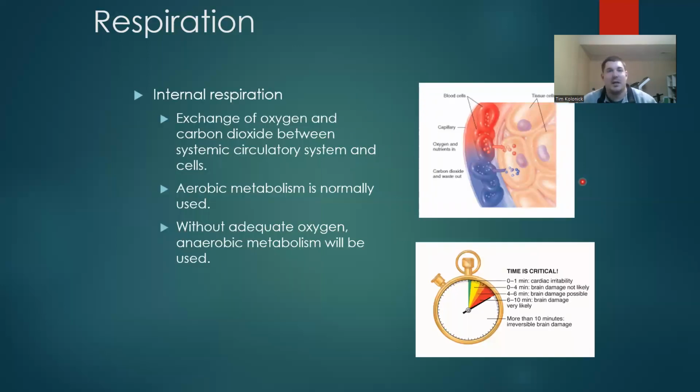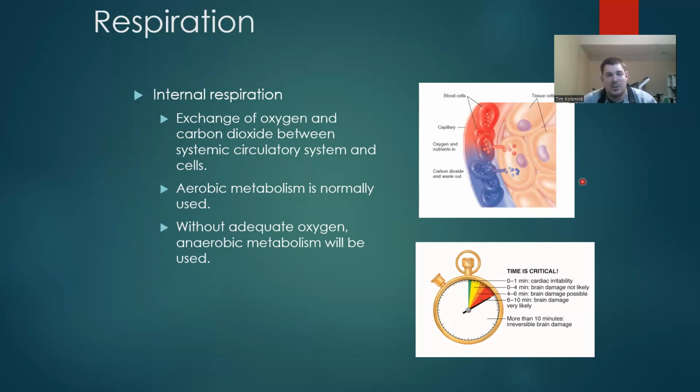Internal respiration is happening down at the cellular level. So out at the capillaries, right? We're getting oxygen and carbon dioxide moving from the cells of the body into the bloodstream and vice versa. So again, it happens by diffusion, right? So higher concentration to lower concentration at the cellular level.